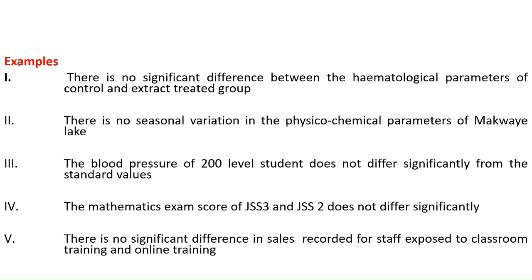The next hypothesis is there is no seasonal variation in the physicochemical parameters of Macquarie Lake. The dependent variable in this hypothesis is the physicochemical parameters, while the independent variable is the seasonal variation.